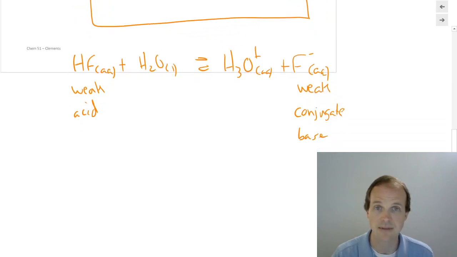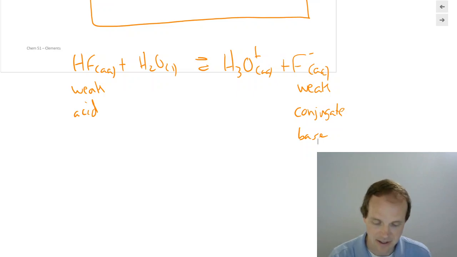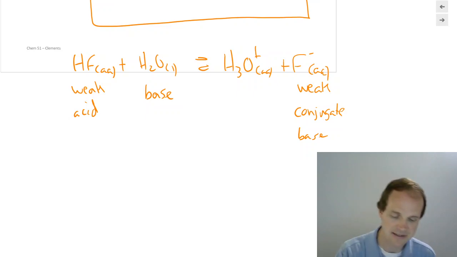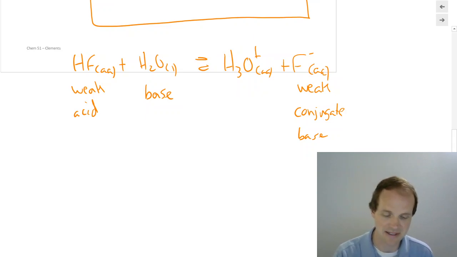Let me scroll that up for you. That's a weak conjugate base over there. What about H2O? Well, H2O is acting as a proton acceptor. That is a base in the Bronsted-Lowry definition. Then what happens? Well, on the right-hand side, it now has that proton. So what does that make it? It makes it an acid.